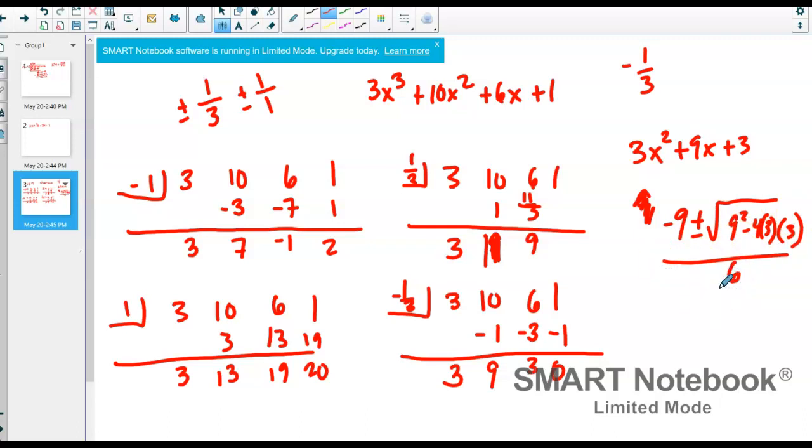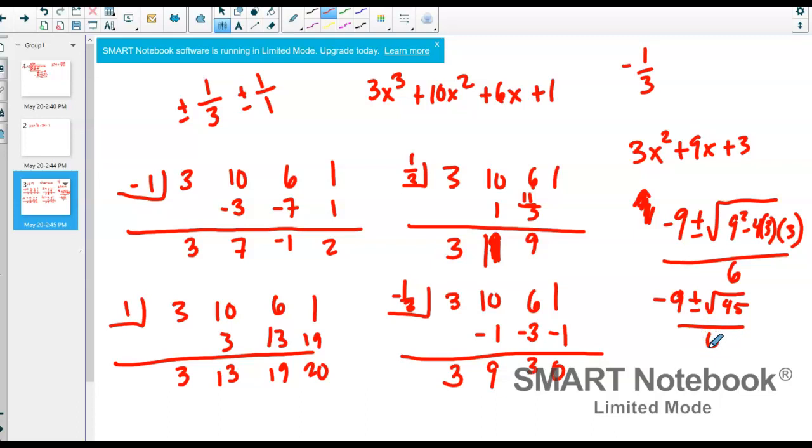What's underneath the root is what I'm looking for. And so that's going to actually give me 45. So I have negative 9 plus or minus the square root of 45 all over 6 still.